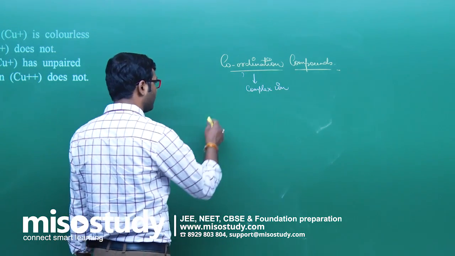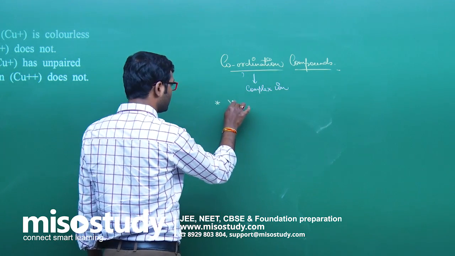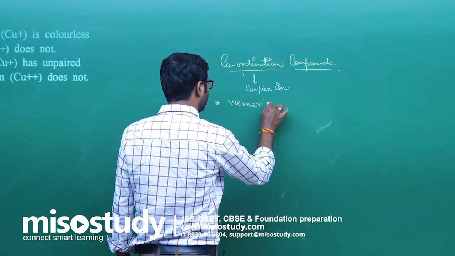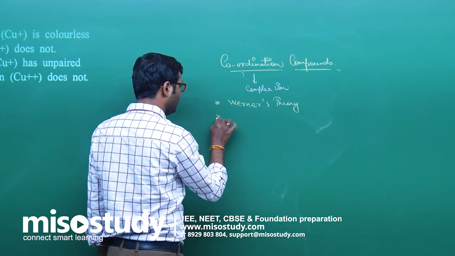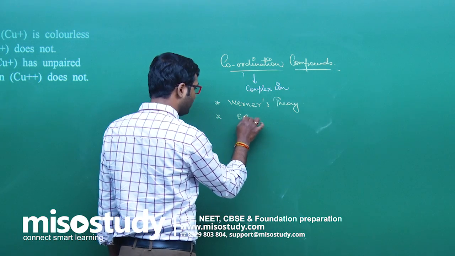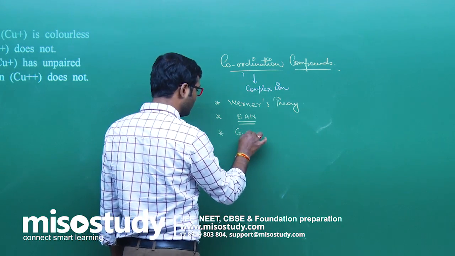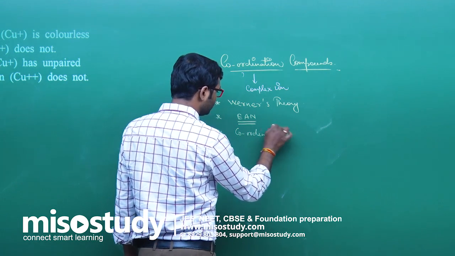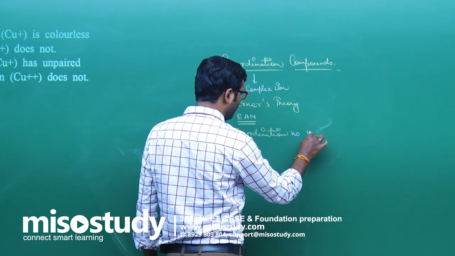First, you have to focus on Werner's theory, then EAN, effective atomic number. Next, coordination number; generally common in coordination compounds is 4 or 6.